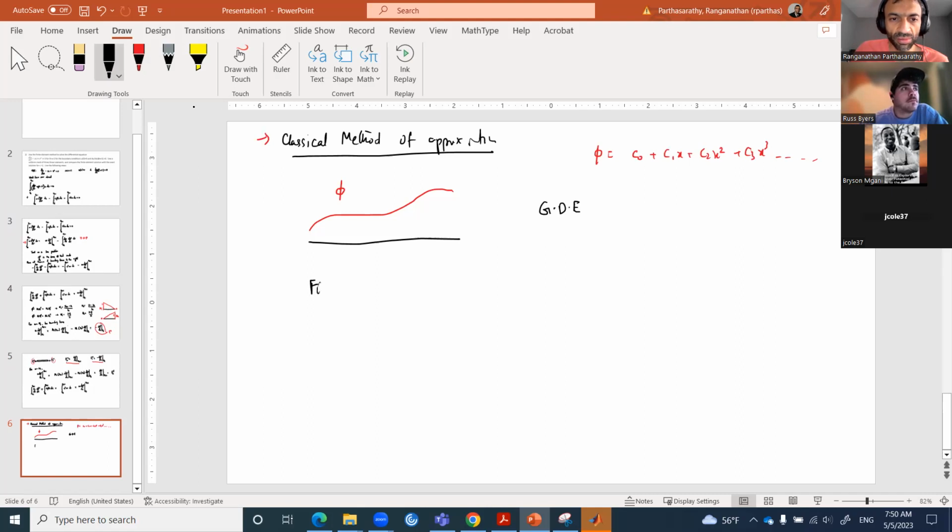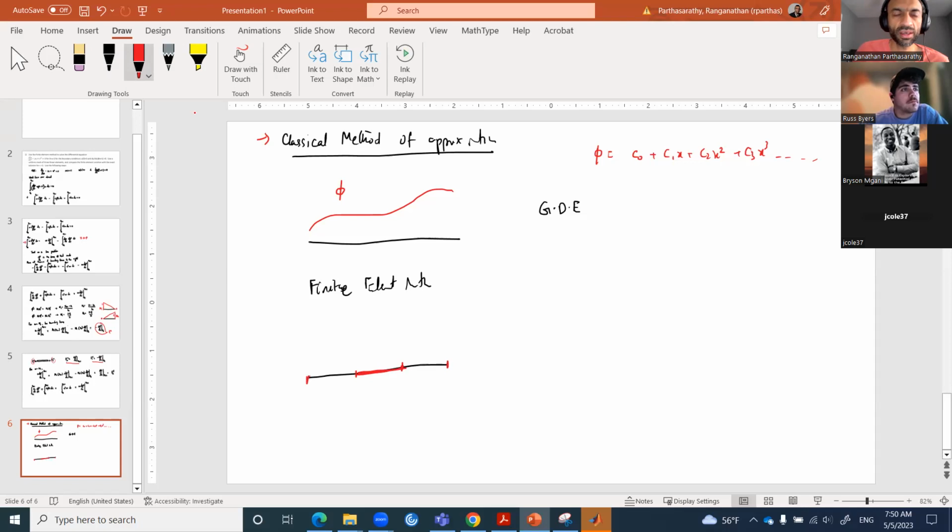In finite element method, it is similar, but what we are doing is we have our domain, but we first break up the domain into chunks, and each chunk or each piece is called an element.